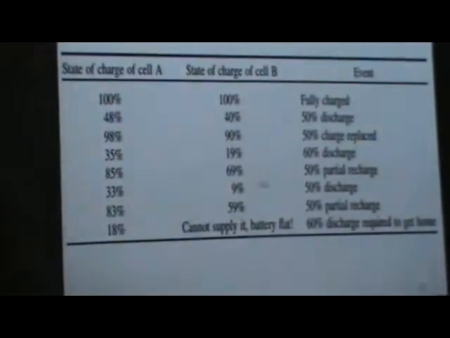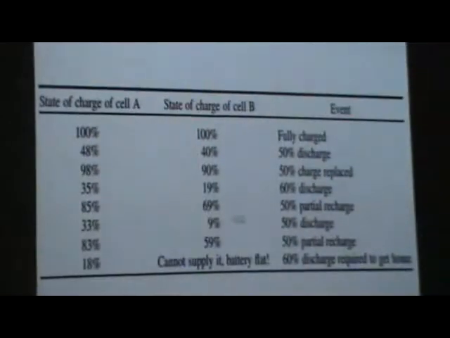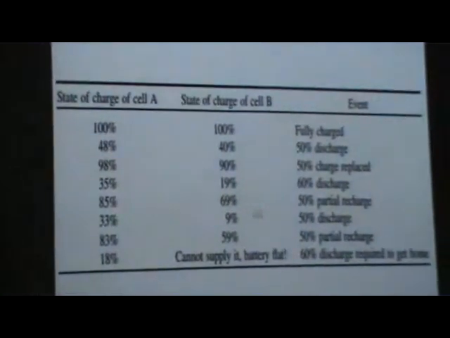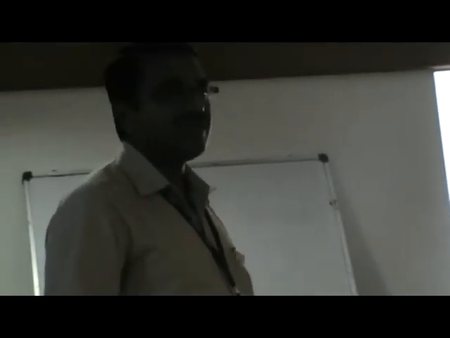But if you discharge the battery slowly, the loss is only 2%. Again, after 50% discharging, if you want to charge the battery, we can charge only to 90%. You can't achieve 100%, because the chemical reaction does not take place properly.